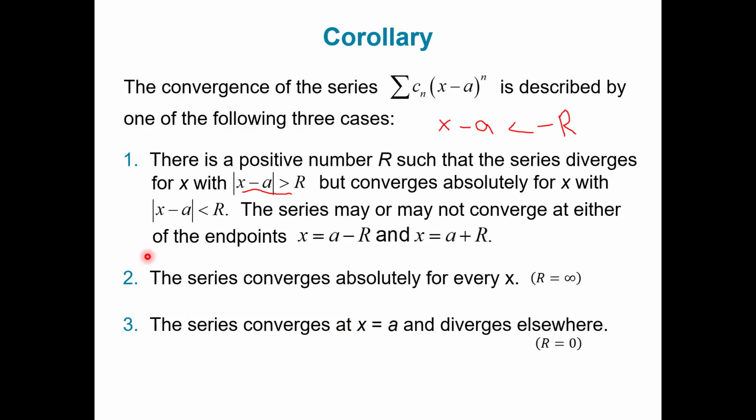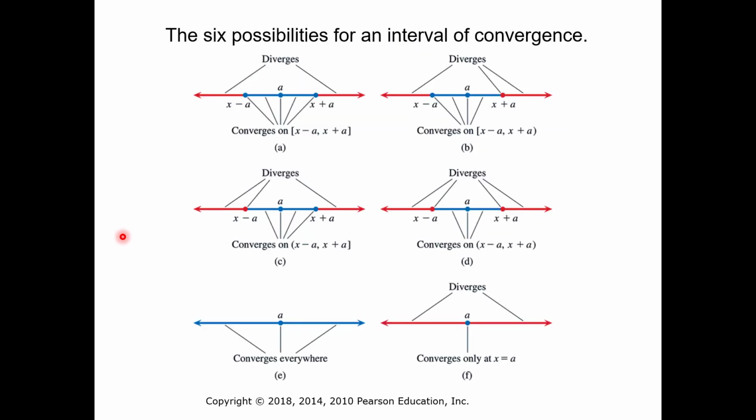All right, so notice you have three possibilities here, but in the very next slide, I'm going to show you how to break this down. Possibility 1 is the one you're going to see pretty often, and it breaks down into 4 different cases. It looks like this. So there are 6 possible intervals of convergence.